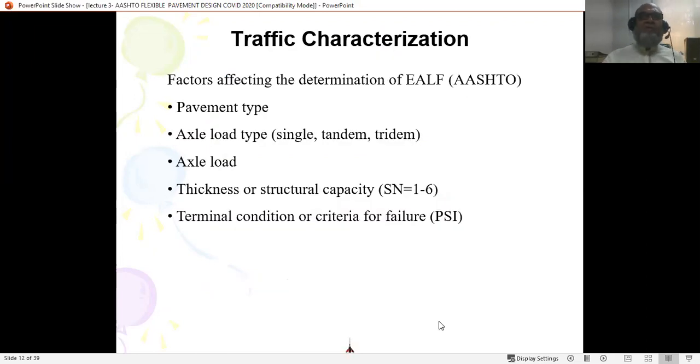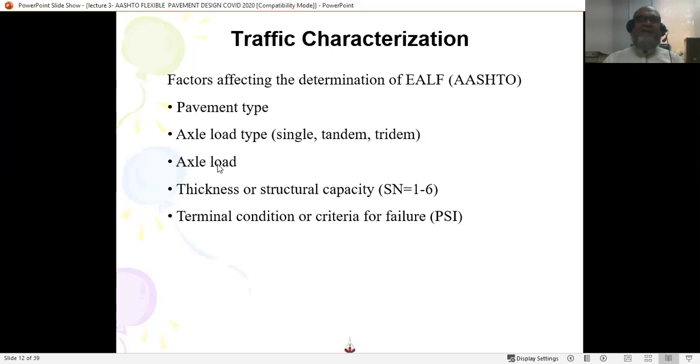Now, how to input traffic in H2? We always calculate the equivalent axle load factor, E, in H2. It depends upon the type of pavement, whether it's a flexible pavement or a rigid pavement. What are the types of axle: single axle, tandem axle, and tridem axle?